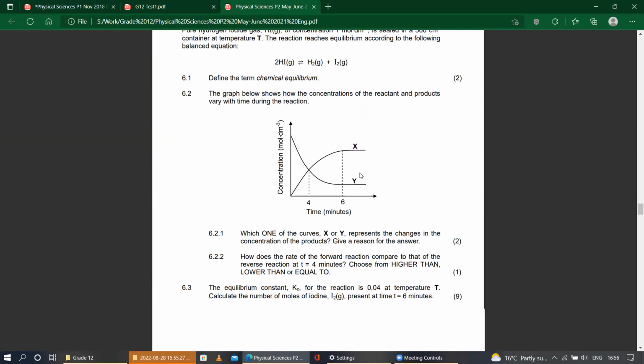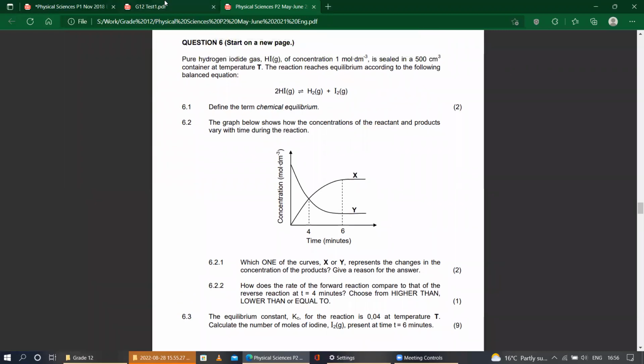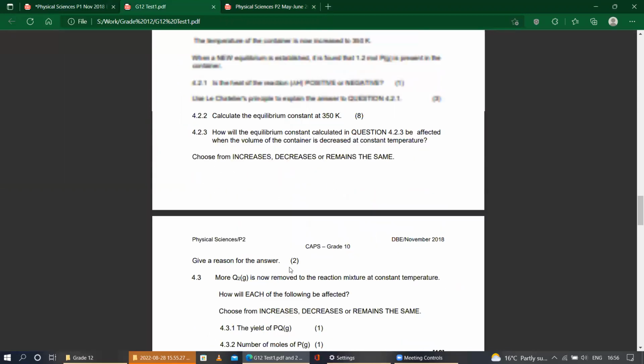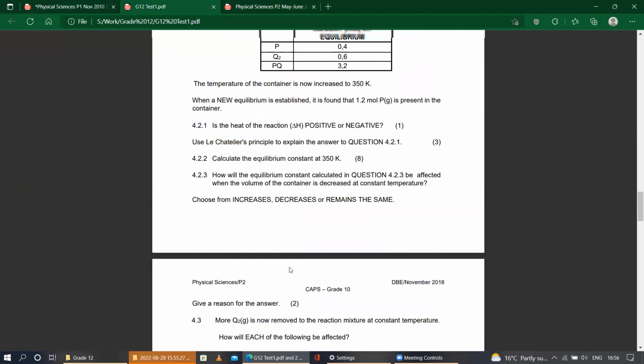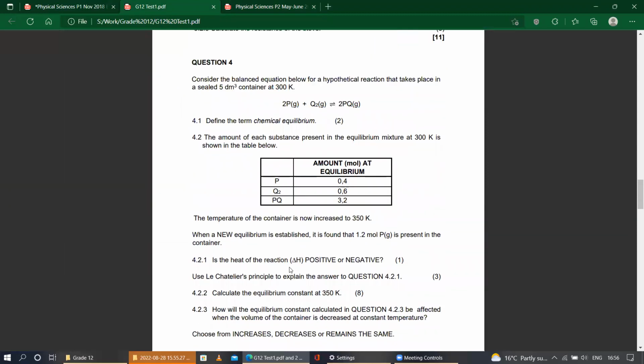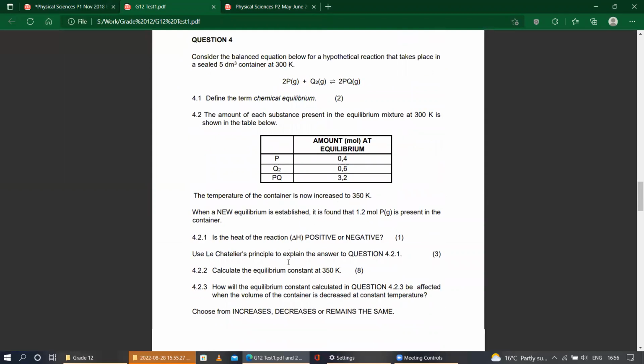So let me just check if there's a question based on it. Nah, there's no question here. Let's go here. I think there was a question based on Le Chatelier's principle here. Yeah, it's this one.